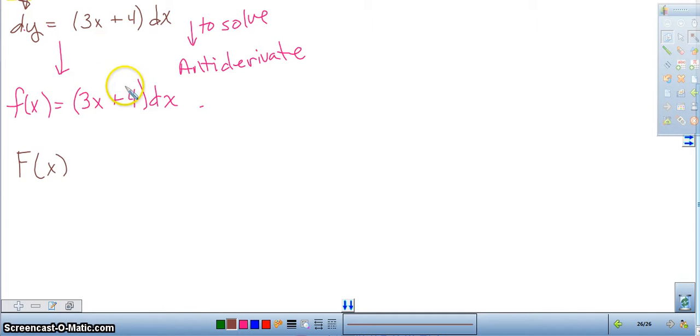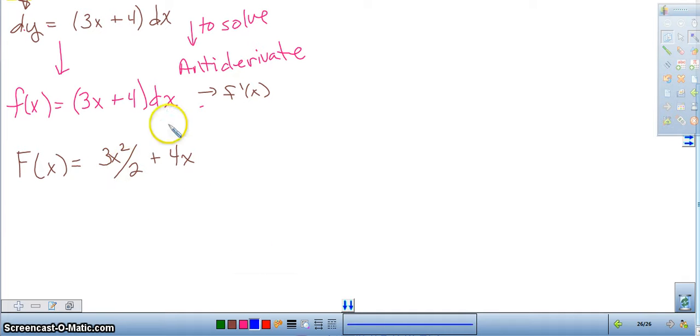So my derivative, what I would normally call my derivative, they just use the function notation. So the capital F is your antiderivative. The antiderivative of that is 3x squared over 2 plus 4x. Okay? And I'll teach you how to do that in a little bit.